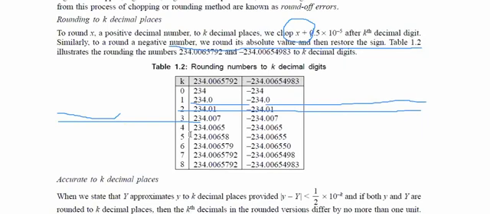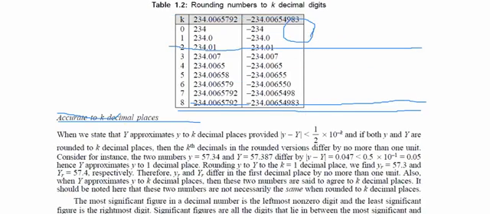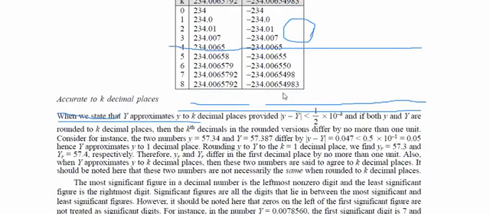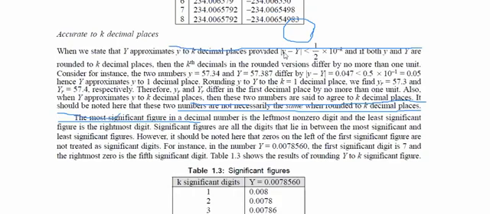So in this way, k means the numbers are represented accurate to k decimal places. Here capital Y is going to approximate the small y, and they are writing 1 by root 10 to the power minus k, and if both y and capital Y are rounded to k decimal places, then the kth decimals in the rounded versions differ by no more than 1 unit.